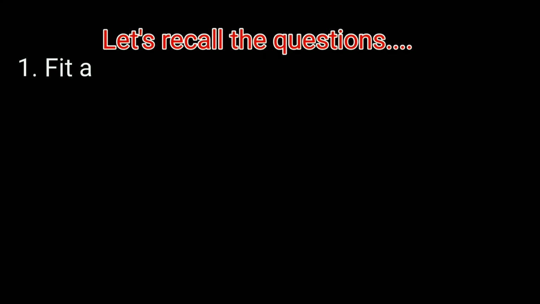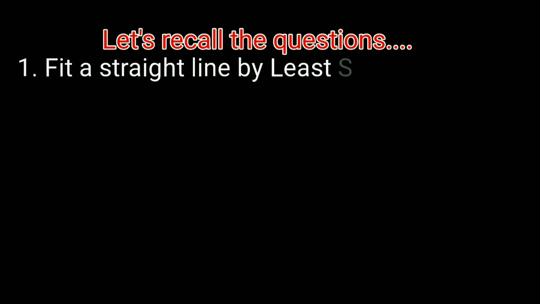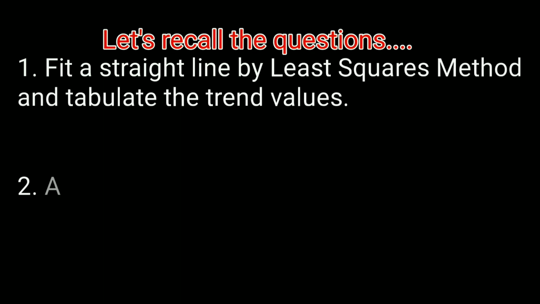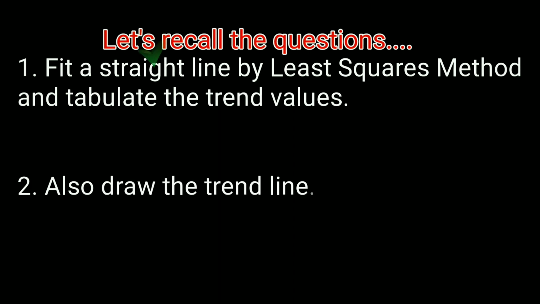Now if you recall, the question is to fit a straight line by the least square method and tabulate the trend values. We already got the straight line and we also tabulated the trend values. Now it is time to answer the second question, that is, also draw the trend line. How to draw the trend line? It is very important.